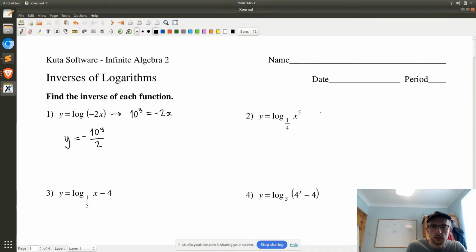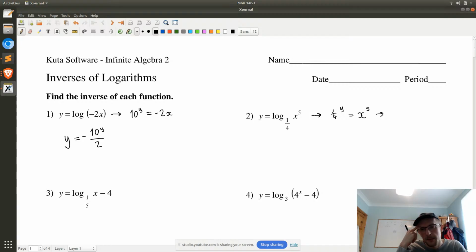And now try the same thing for this here. So do like a quarter to the power of both sides. So a quarter to the y equals x to the 5, which means that, I'm sorry, this is just bizarre.